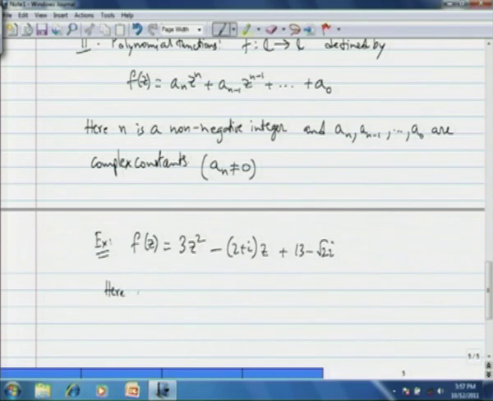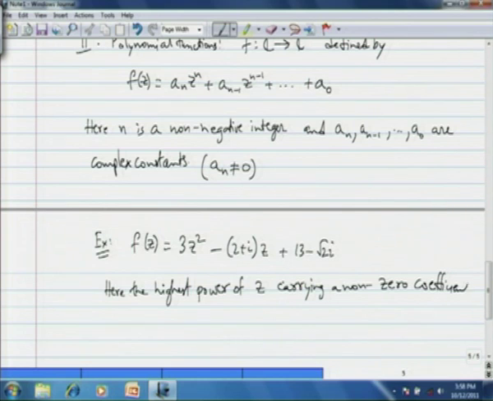Okay. So, here the highest power of z carrying a non-zero coefficient is 2. Okay. So, we say that f is a second degree polynomial.